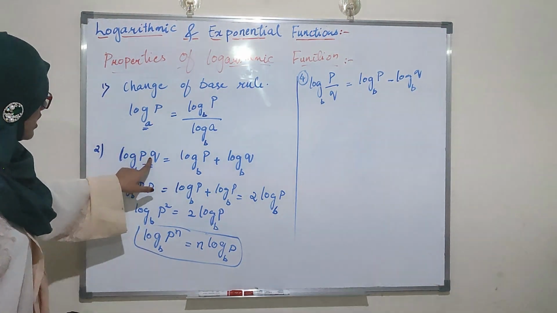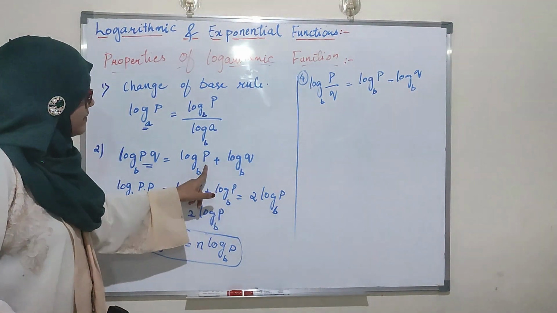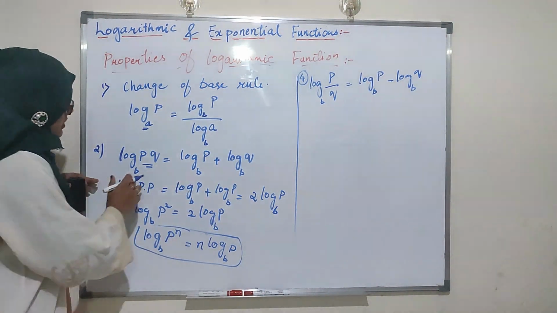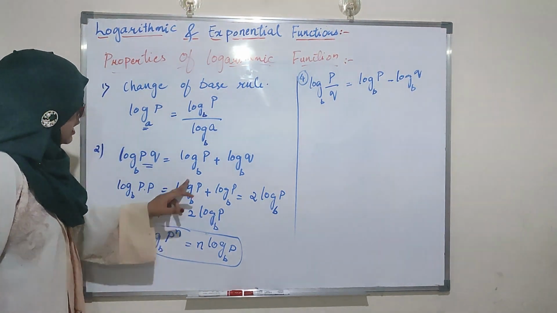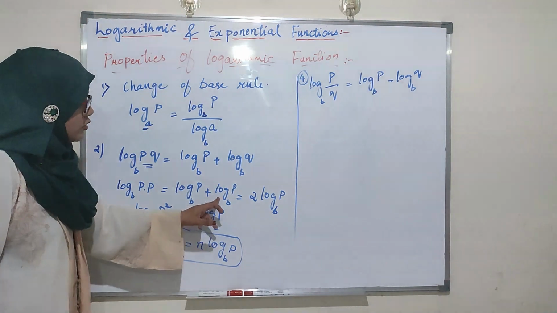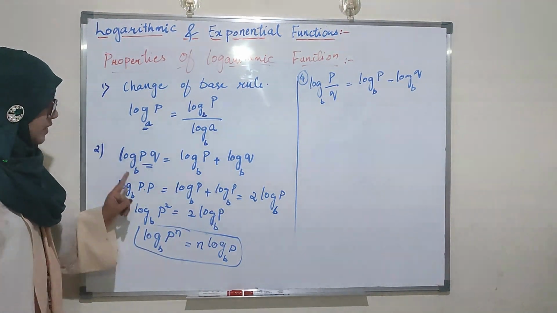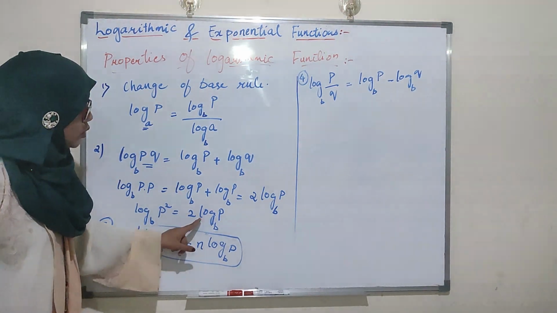If p and q are in the product form, we can write this in the addition form: log p plus log q to the base b. Here I am replacing q by p. Then by using this property, log p plus log p equals 2 log p. So p into p is p square, so log of p square to the base b is equal to 2 log p.